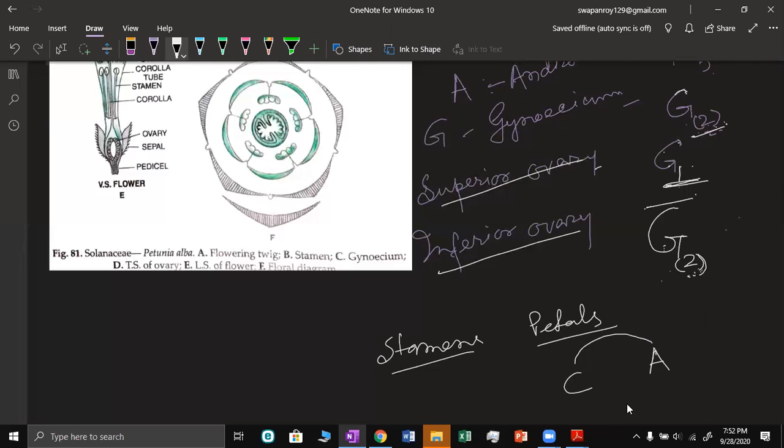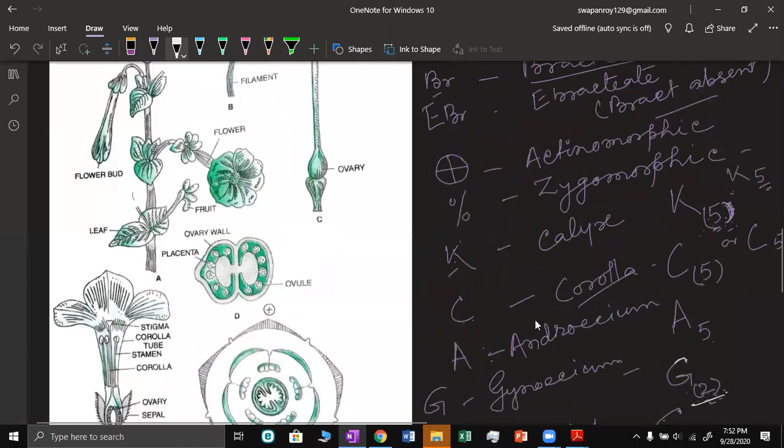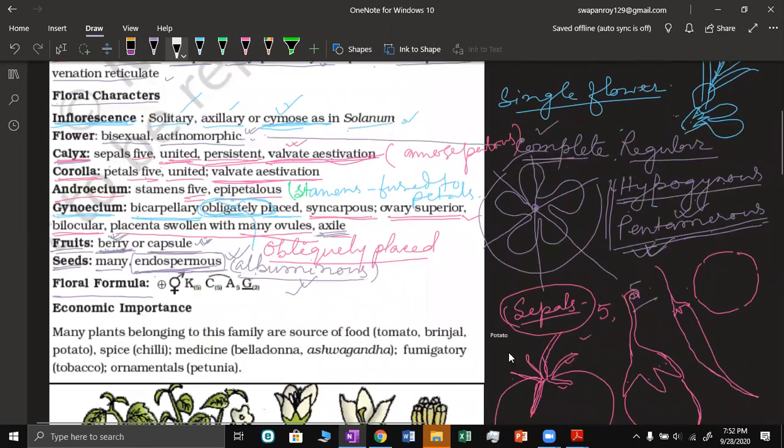This arc connection indicates that the stamens are united with the petals. So epipetalous condition. In some flowers the androecium and gynoecium may be united. Then A and G will be connected with an arc. So this way we have to write this down.